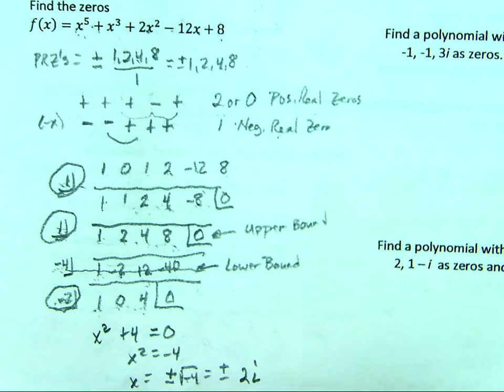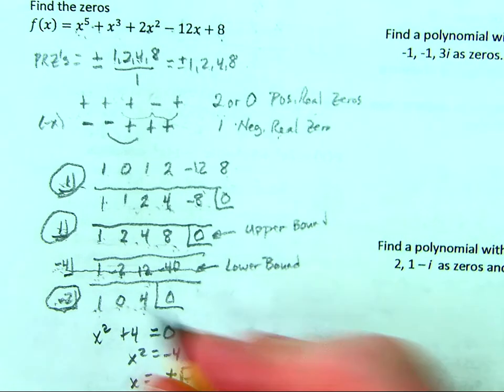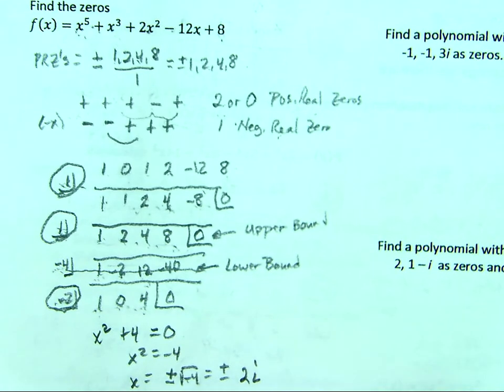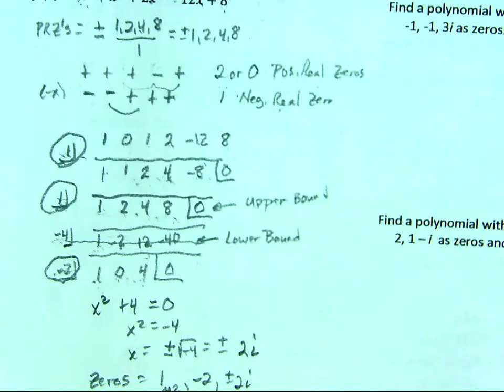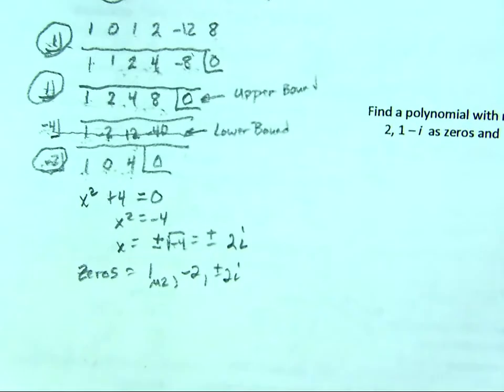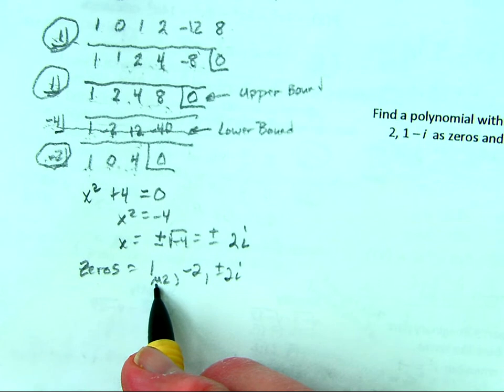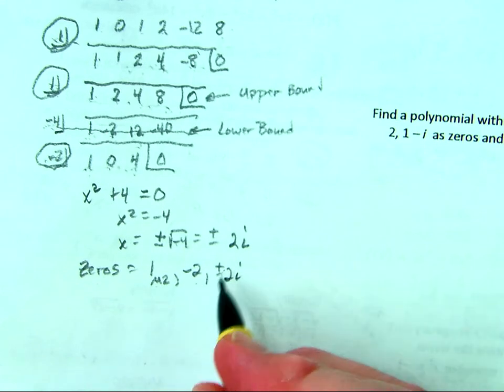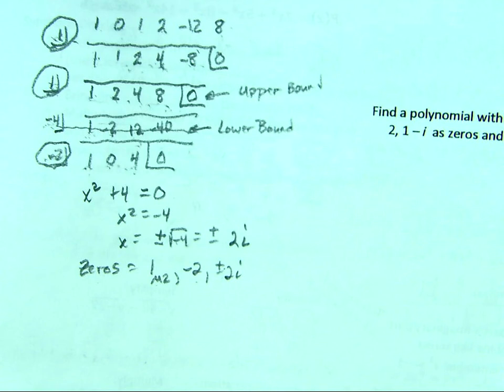So if they ask you for the zeros, we would say 1, and since it's worked twice, that has multiplicity 2. We'd say negative 2, and we'd say plus or minus 2i. Notice if you add those together, that accounts for 2, 3, 4, 5, there's our 5 zeros.